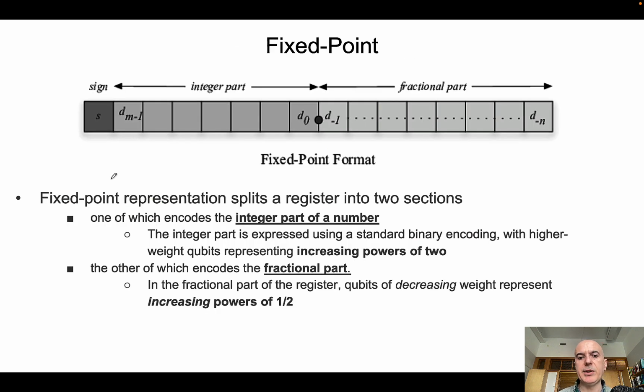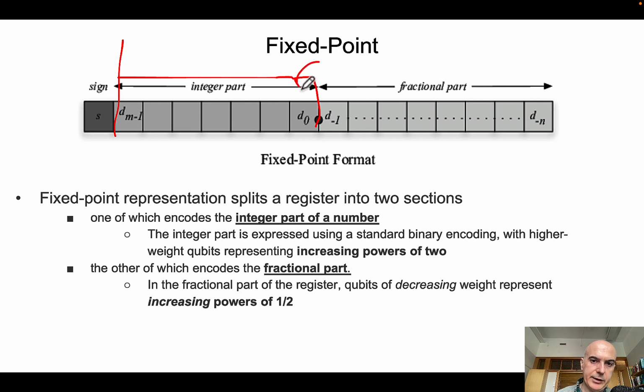A fixed point representation splits a register into sections. We have one section that encodes the integer part of a number. So we have here the integer part, and these qubits are dedicated to representing the integer part of our value. The integer part is expressed using a standard binary encoding, with the higher qubits representing increasing powers of 2.